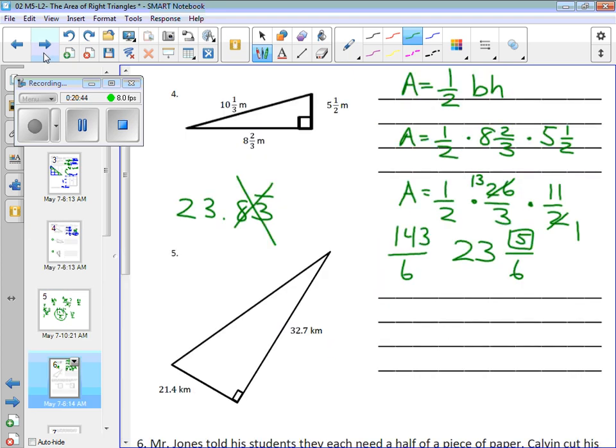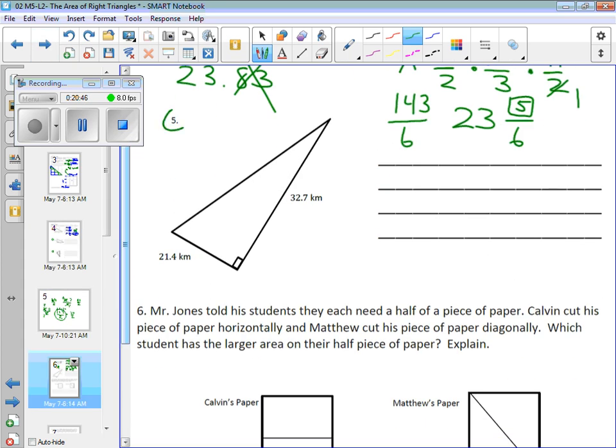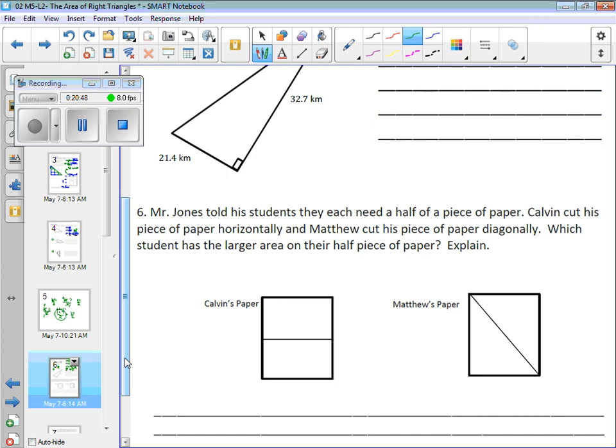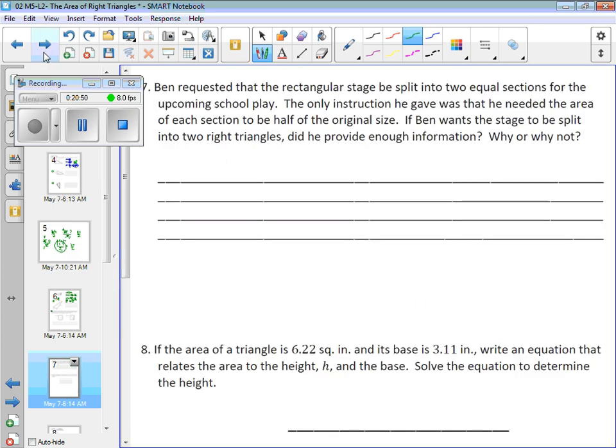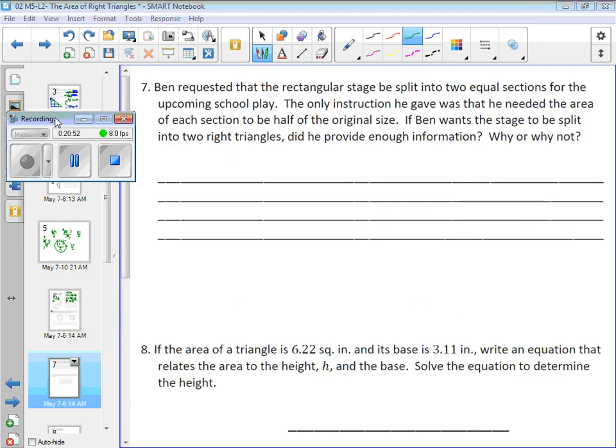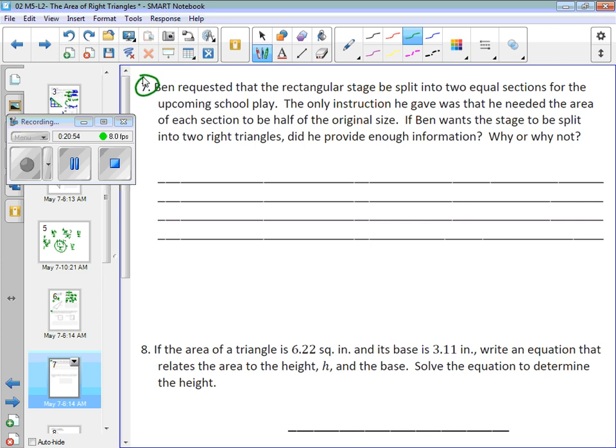Then on page 4, you have to do 5 and 6. And you're going to do 7. At the very end, if there's time, 8 is a bonus, which I would like everybody to try, advanced or not. Even at home, I want you to try it. At least see if you can get the equation down.